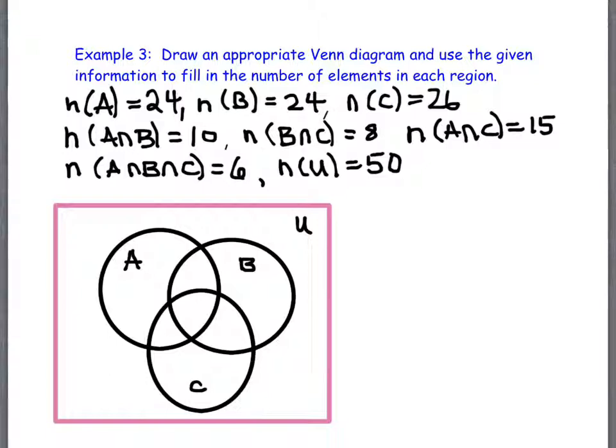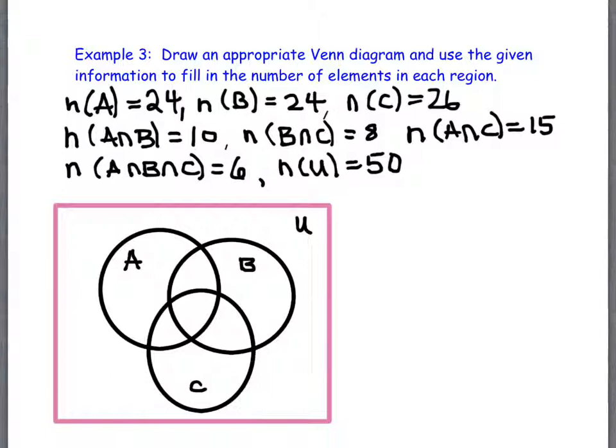And so would anybody else who classifies themselves in that way. So this is just the 6 people or 6 items that are in all 3 categories at the same time. It'll make more sense when I do some problems with some language, but that's what that means. All right, so what we want to do is fill in all 8 of those regions with numerical values that indicate elements in those regions.